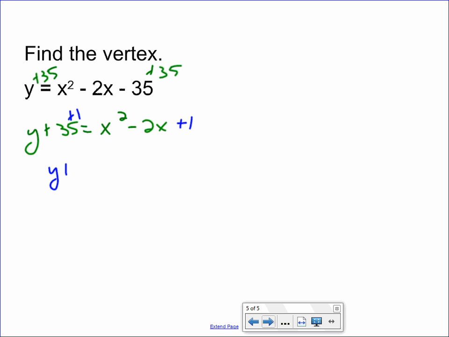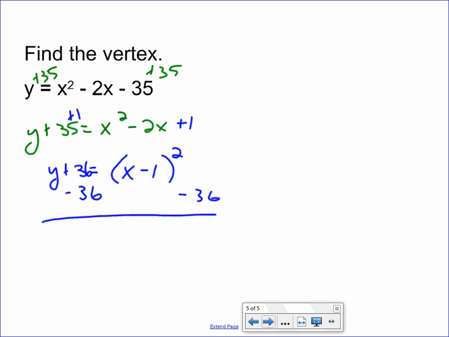So I'd have y plus 36 equals x minus 1 squared. And then if you subtract 36 off, you'd be left with y equals x minus 1 squared minus 36. So our vertex should be at 1, negative 36.